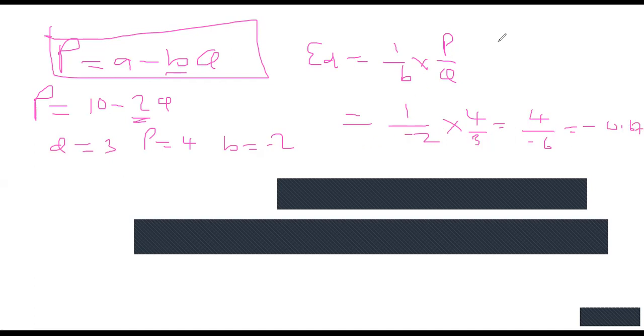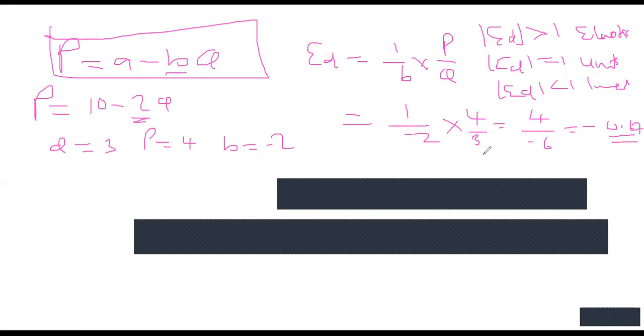So if the absolute value of elasticity is greater than 1, it means it is elastic. If the absolute value of elasticity is equal to 1, it is unitary. If the absolute value of elasticity is less than 1, it is inelastic. So this one is inelastic because it's less than 1.